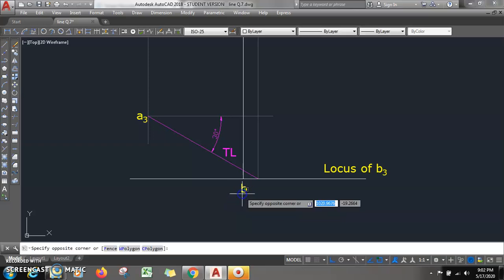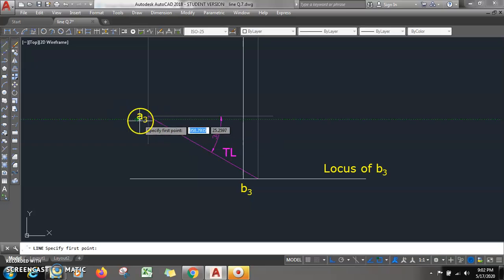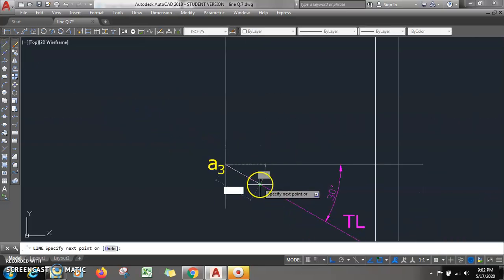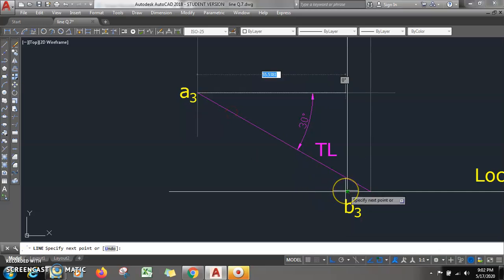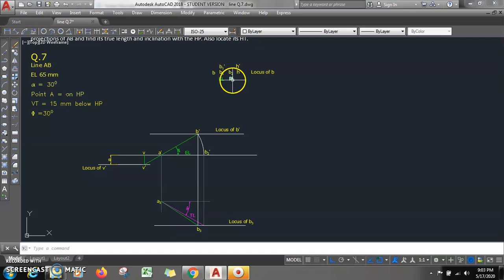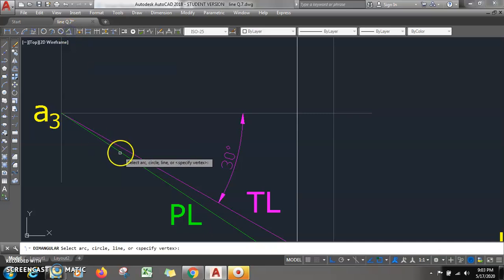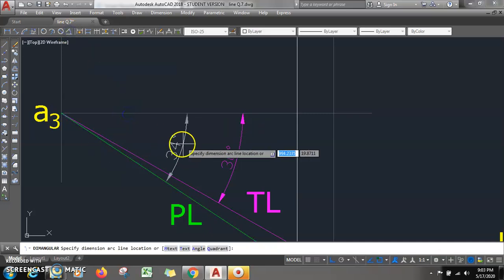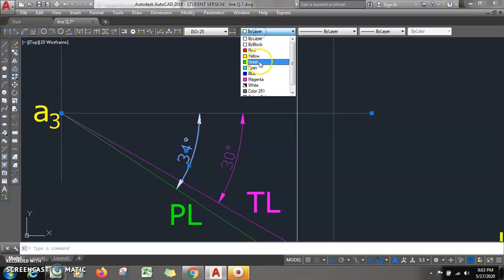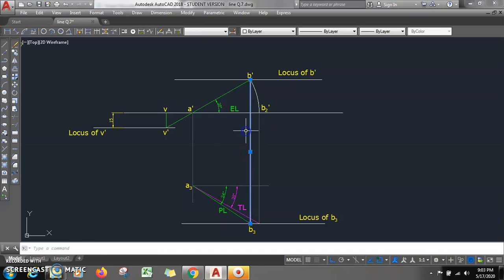This point is called B3, and ये जो length मिलेगा आपको, this length is plan length, and ये जो angle है, this angle is beta. Okay, now in front view all these are projectors, you see.